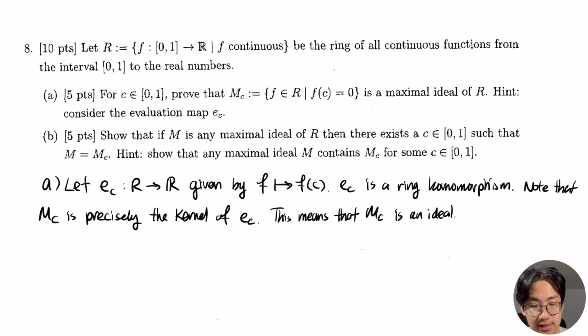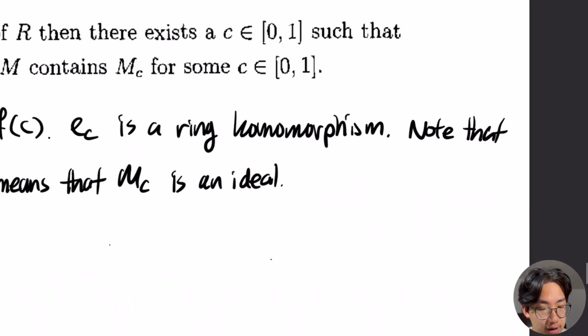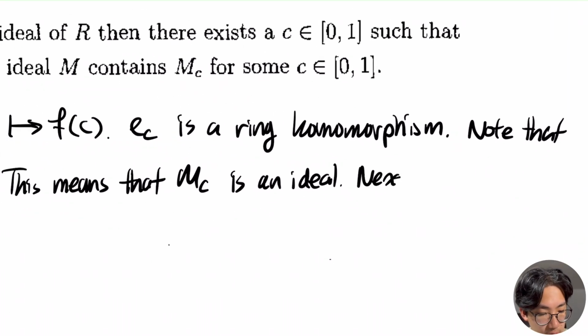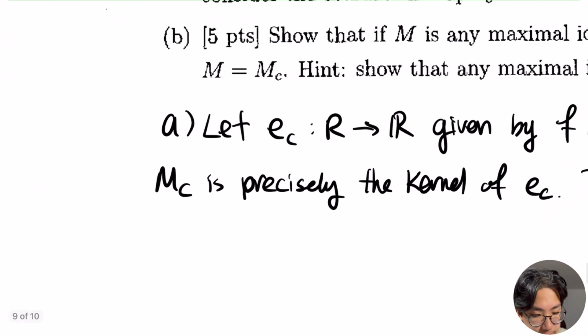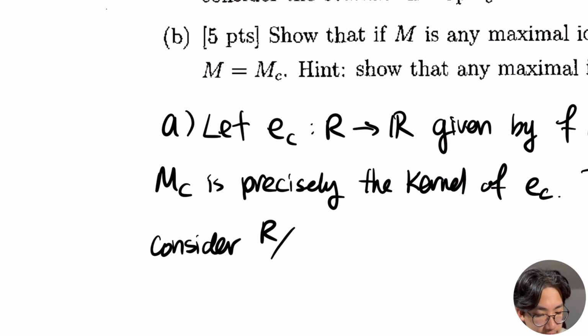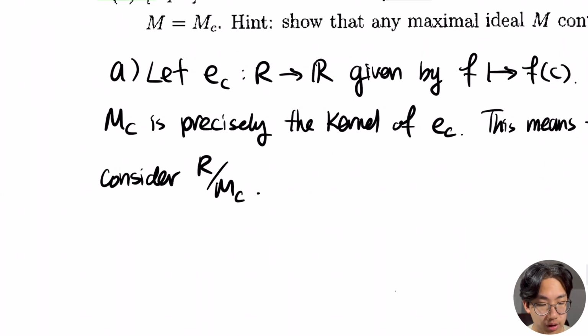What we're going to do next is consider the quotient ring. So next, we can consider this quotient ring here of R mod M sub C. The result we're going to eventually use is a combination of the first isomorphism theorem as well as a result about quotient rings, which are definitely in the textbook and widely used throughout, so definitely be familiar with them.